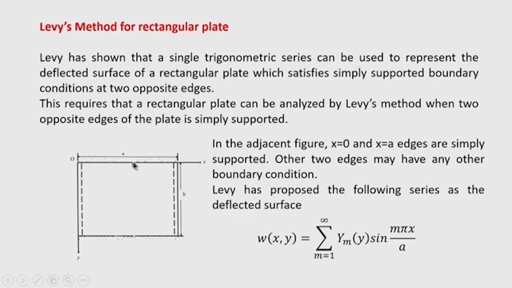So, you have seen that at x is equal to 0 and x is equal to a, the plate is simply supported, and therefore, Levy proposed a solution w(x, y) as a single summation of a function of y, that is capital Y_m as a function of y, times sin(m pi x by a). So, the sum is over m with only one term each.